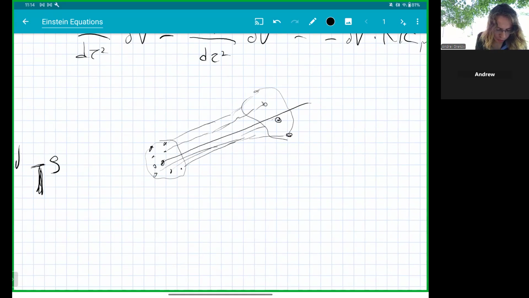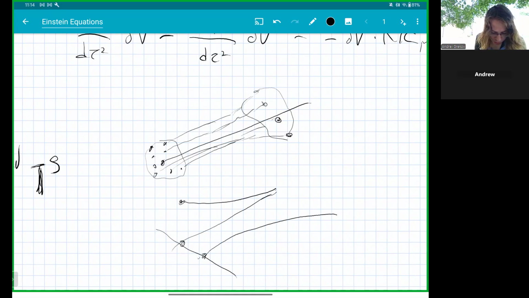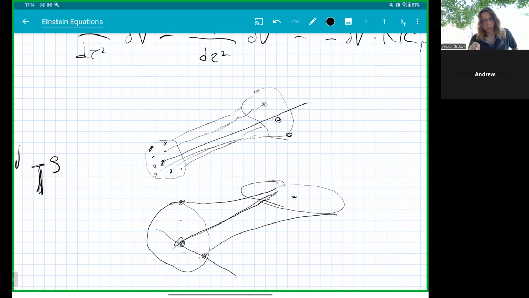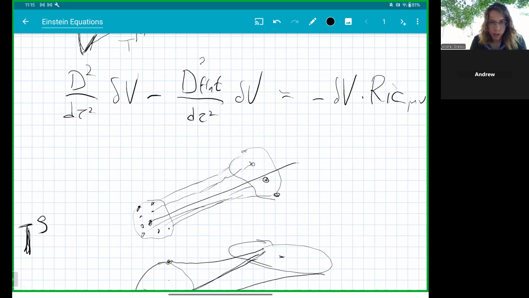So the Riemann tensor would have remembered information about each separate particle, right? And controlled whether it deviates or gets closer to this trajectory. But Ricci forgets it and only remembers the total volume. And that's why the Ricci tensor appears in the Einstein equations.